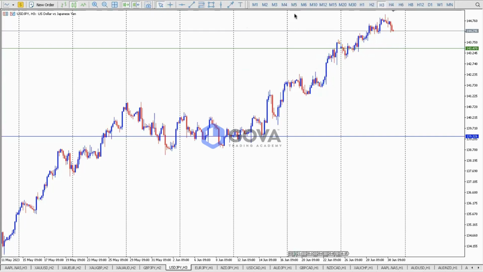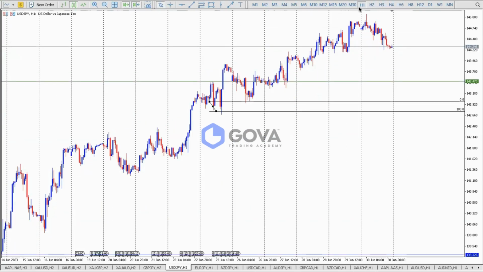So before I switch lower, I need to highlight the area like this so that it won't disappear as I switch lower. You can see as I switch lower, you can see the formation of a drop-based rally, right? So you can see the formation last week makes sense.